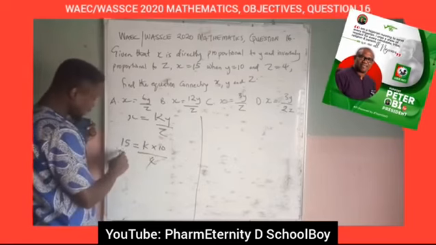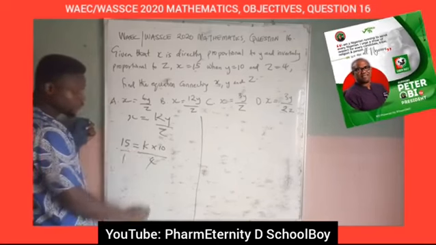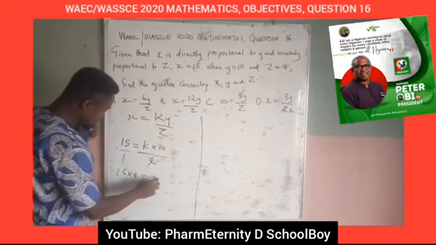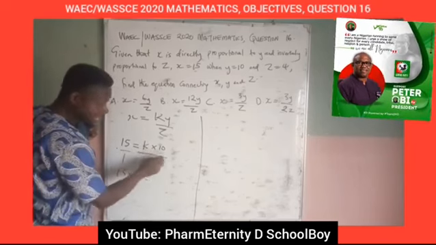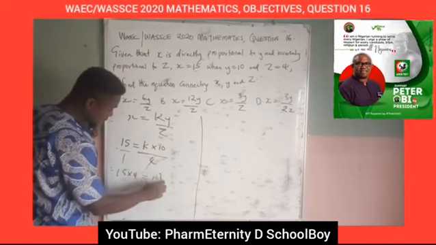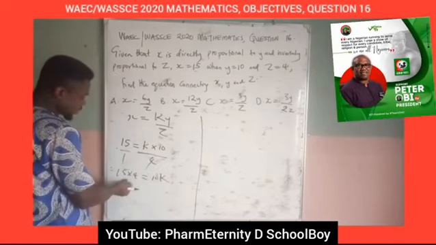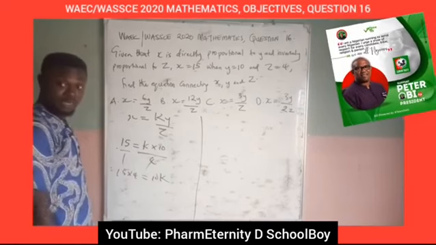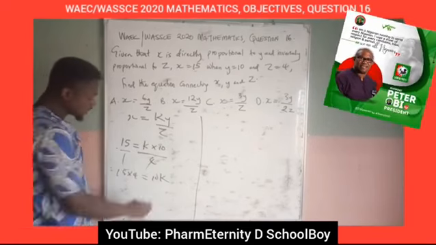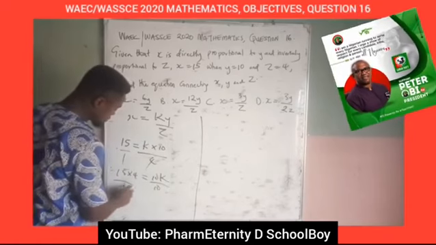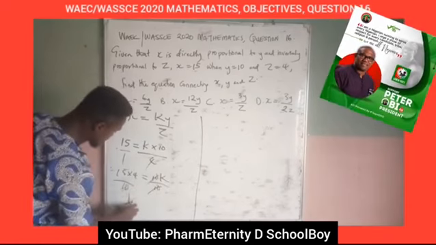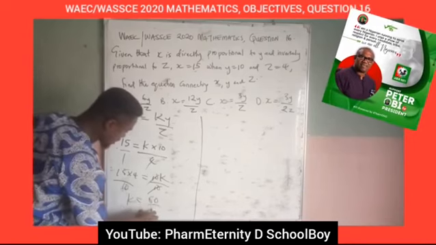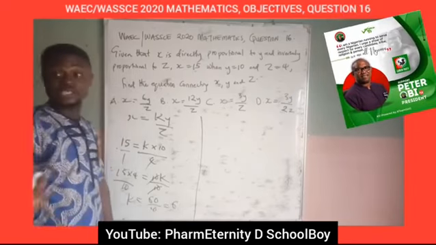If you cross multiply, you get 15 times 4 is equal to k times 10, which is 10k. Let's divide both sides by 10. So k is 15 times 4, which is 60, over 10, which is 6. So k is 6.